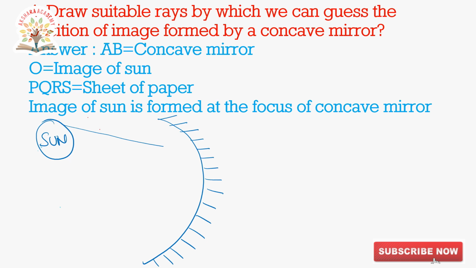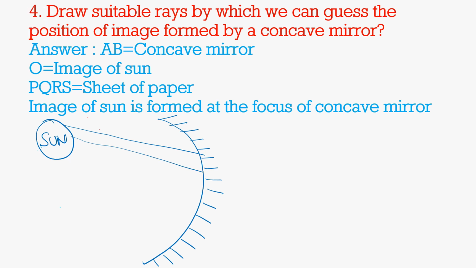The sun is at an infinite distance. When the object is placed at infinite distance, these rays are parallel to each other. So here we are sending the light rays from the sun.